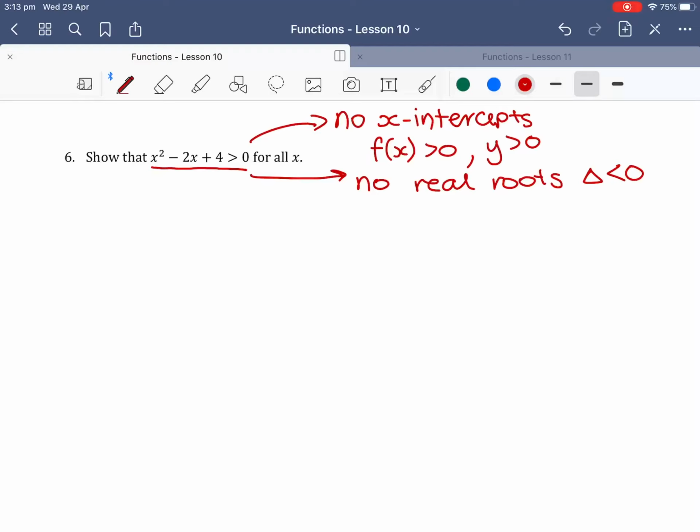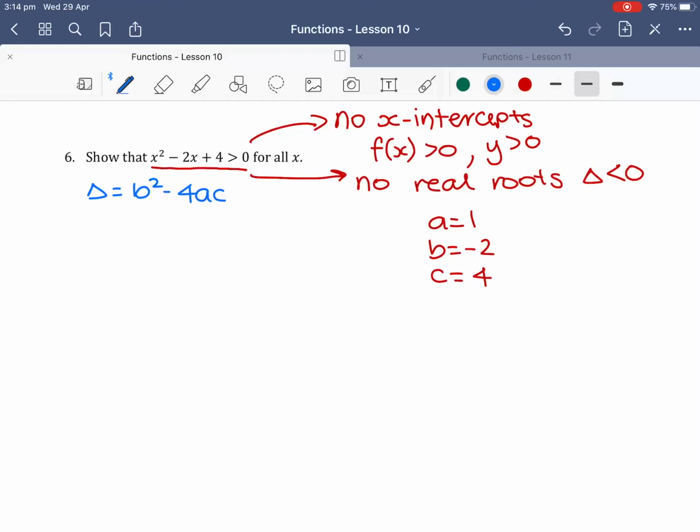So let's solve that. We have a equals 1, b equals -2, and c equals +4. So we have our discriminant equals b squared minus 4ac.